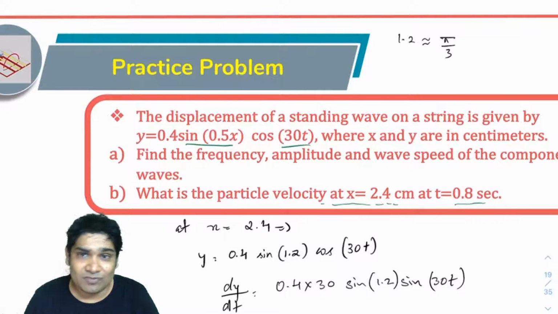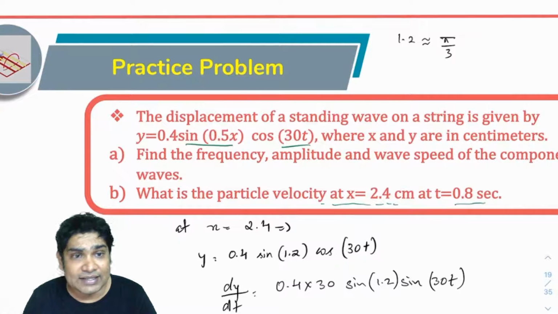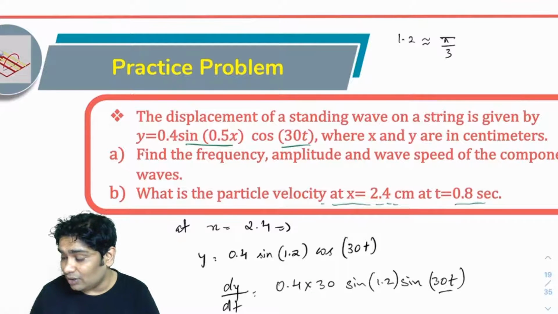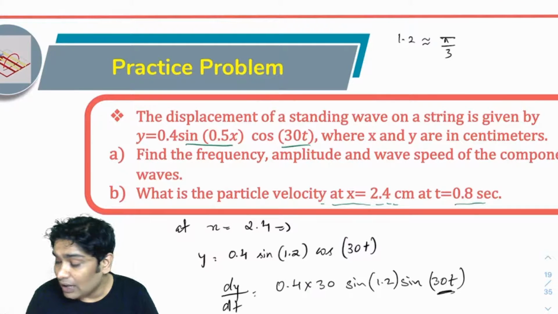The answer would give you a range at least. Otherwise, in the question, they would tell you the value of sine 1.2. You can find the value of sine 60 and use that approximately. Now you just substitute the value of t here and you will be good to go. Okay, this is also coming.